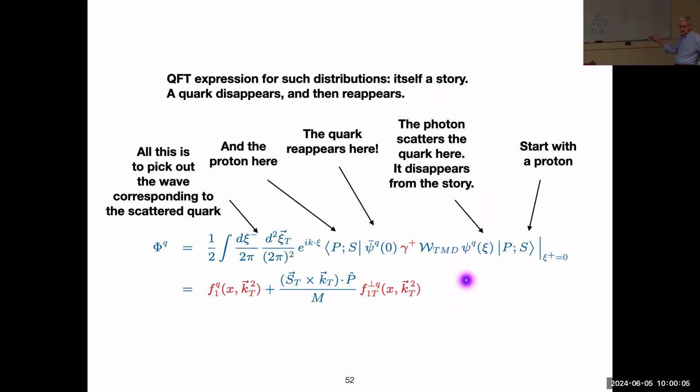This quark, which is scattered, disappears from the story. Okay? And that's the statement that we're not going to worry about correlations between that transverse momentum and the transverse momentum of the spectators, the rest of the remnants inside there. And then, after some period of time elsewhere along the light cone, or some period of light cone time, the quark reappears and forms the original state.